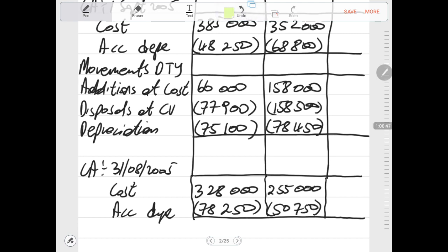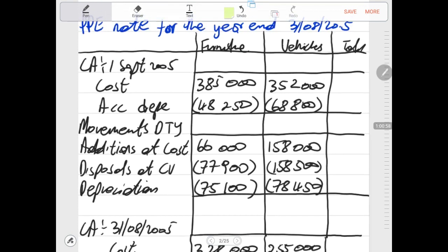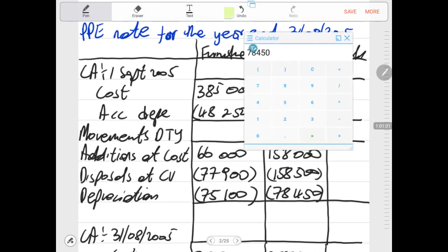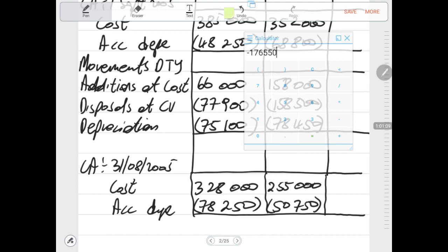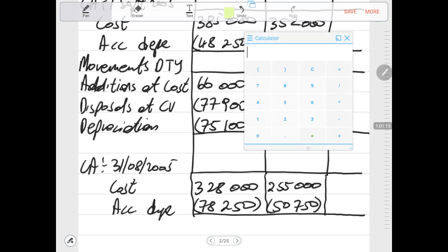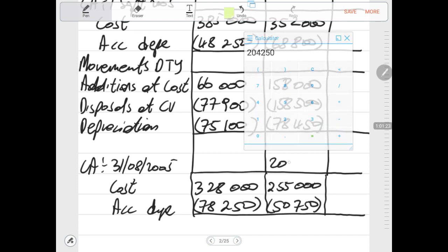Now, these are the calculations, and everything now is done and dusted. And the minute things look like this, then you should be very glad, and I'm hoping that they are balancing. Then you can say minus 255,000 rands. This gives me 170. Okay, I deducted something wrong now. 255,000 minus 50,750 gives me 204,250.